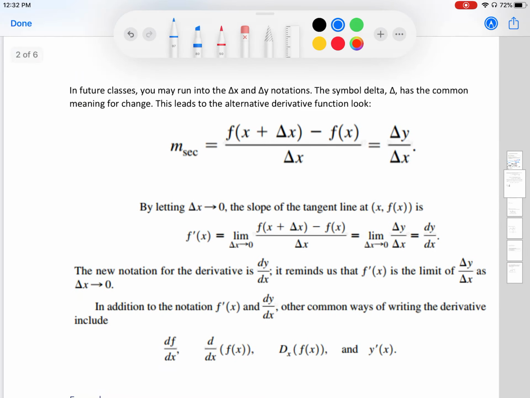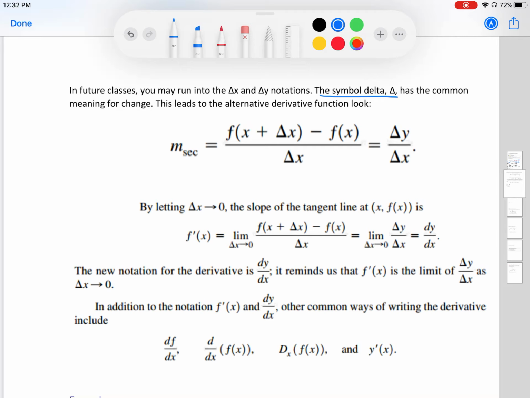In future classes, you might run into the delta x and delta y notations. The symbol delta has a common meaning for change, so subtraction. This leads to an alternative definition of a derivative.